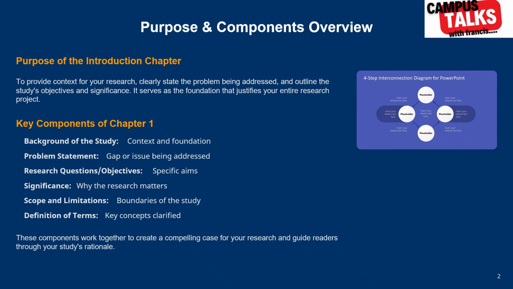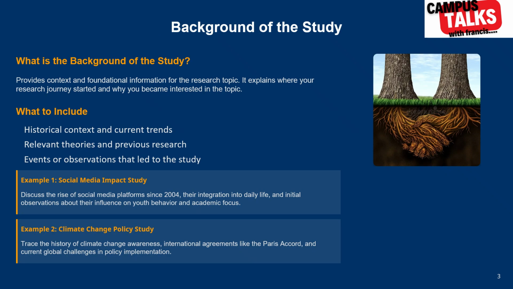So we'll move straight to the next slide where we are going to be looking at the background to the study. So this is 1.0, this is chapter 1. What's the background of this study? This provides context and foundational information for the research topic. It explains where your research journey started and why you became interested in the topic.